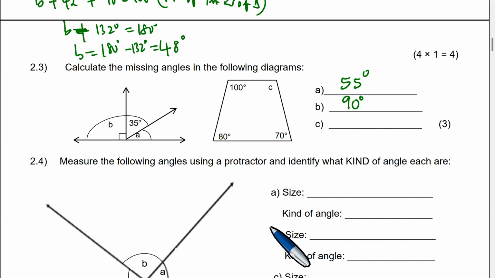Then 250 plus 110 gives us 360. Okay, I hear you. Let's just check that. You really are on point. C is 110 degrees.